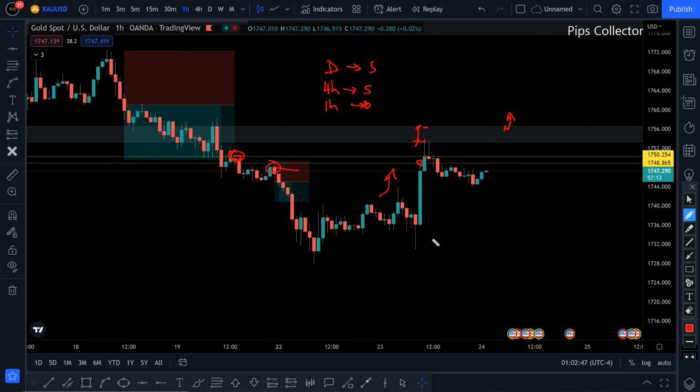But as you can see, we got an impulsive leg, which is this. We are observing the corrective phase, which is this, which is the retracement. So we're anticipating price to pump, to retest first of all this high, which is the closest resistance created by this impulsive leg, and finally this point here, retest of this.